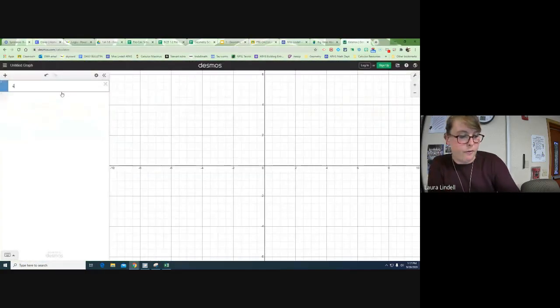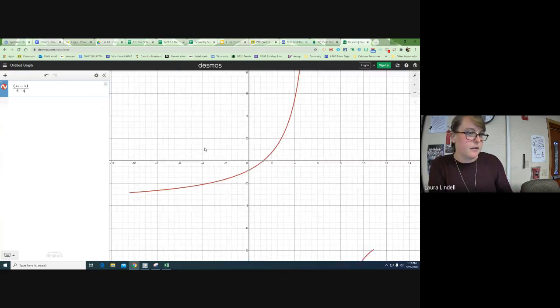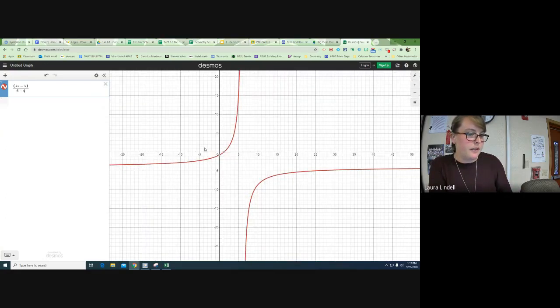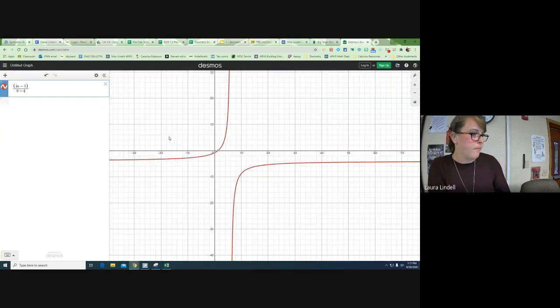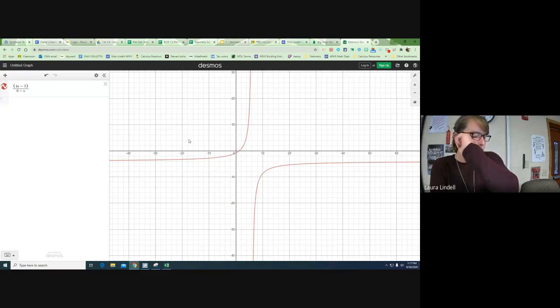So we had 4x minus 5 over 6 minus x. We zoom out a bit, we see that it looks a lot like this right here. Okay, so there's clearly some kind of asymptote here that we're not quite reaching, right?